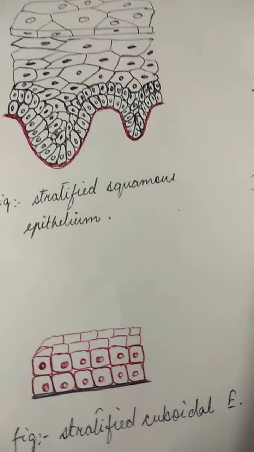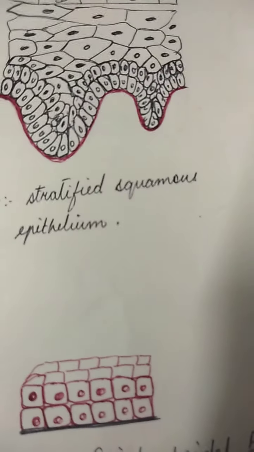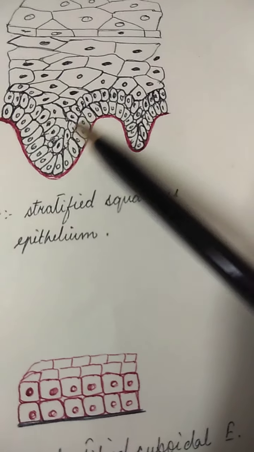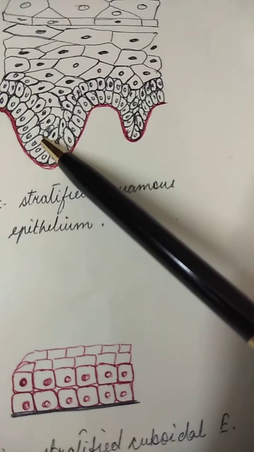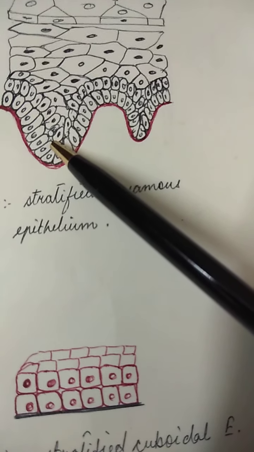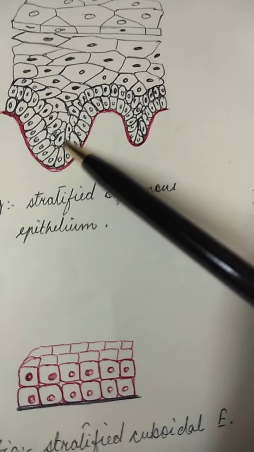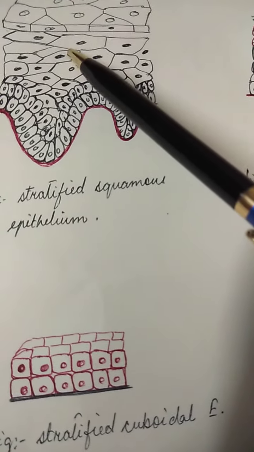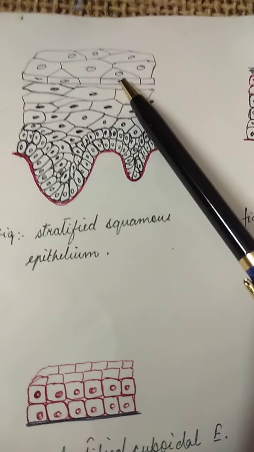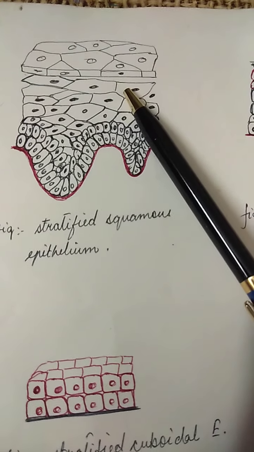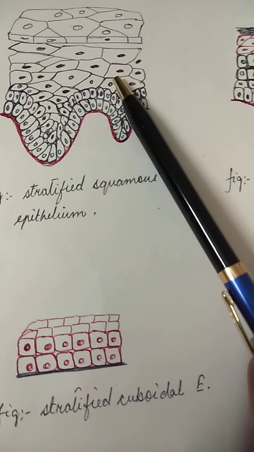The cells are formed by mitotic division. The first formed cells are cuboidal in shape, but as they divide, they are pushed outward towards the free surface of the tissue, and they become flattened, cuboidal or columnar in shape. The main function is protection.